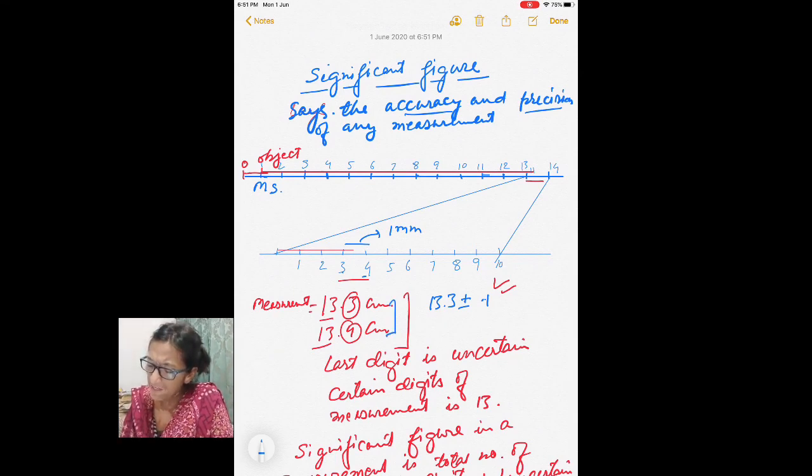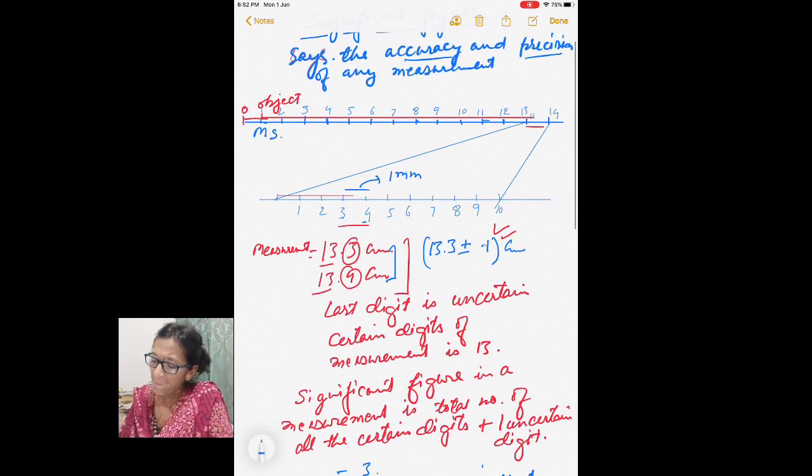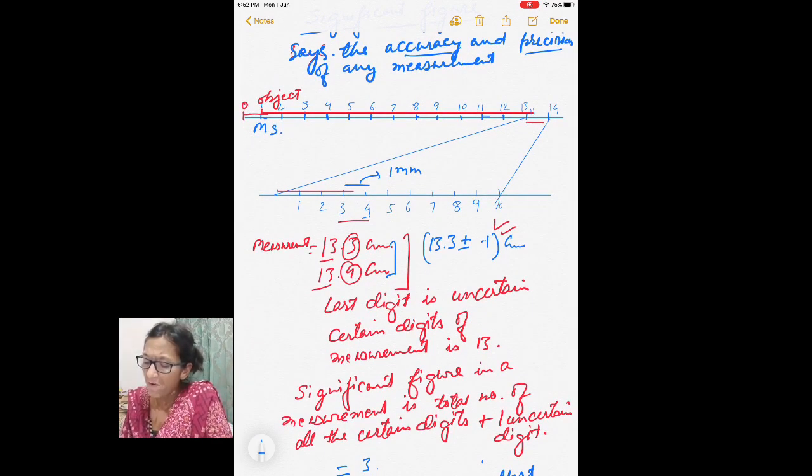So a total stretch of your result, that variation of your result can be like this. So this much centimeter is your answer. Now your result can vary within this small subdivision which is called least count.